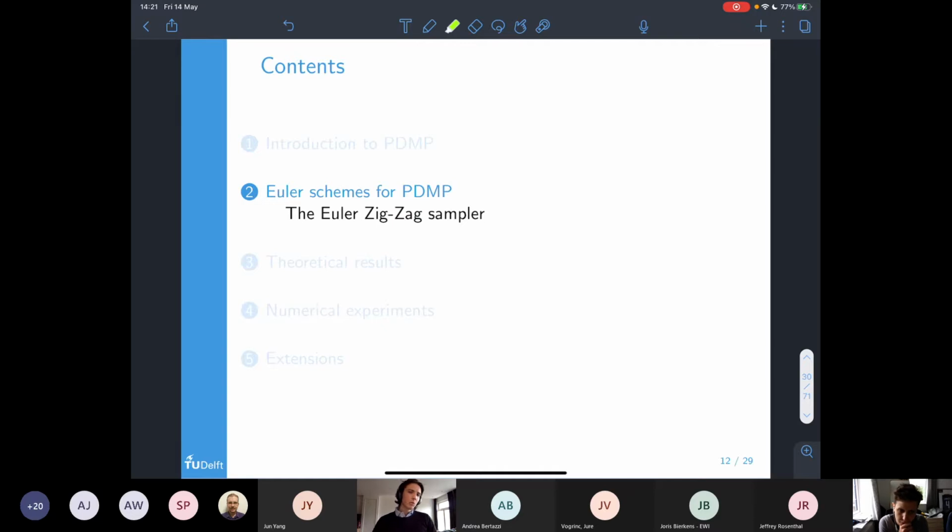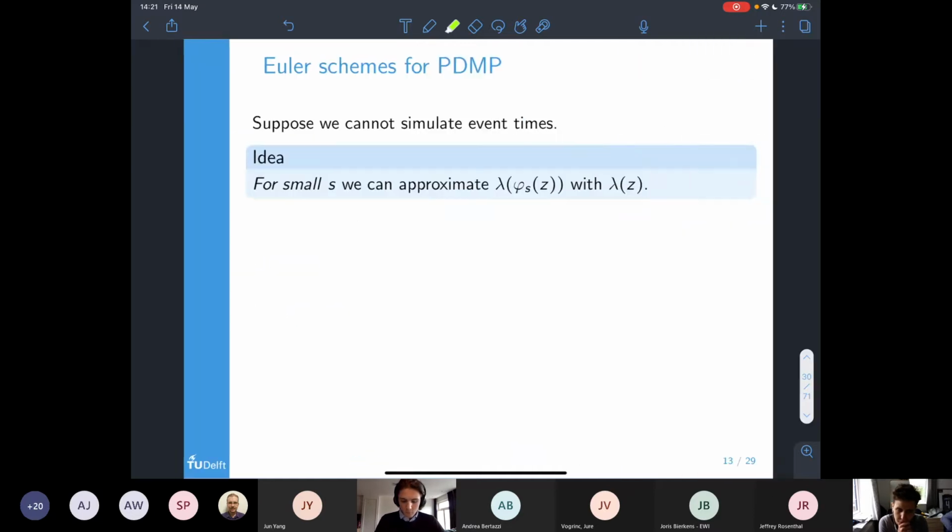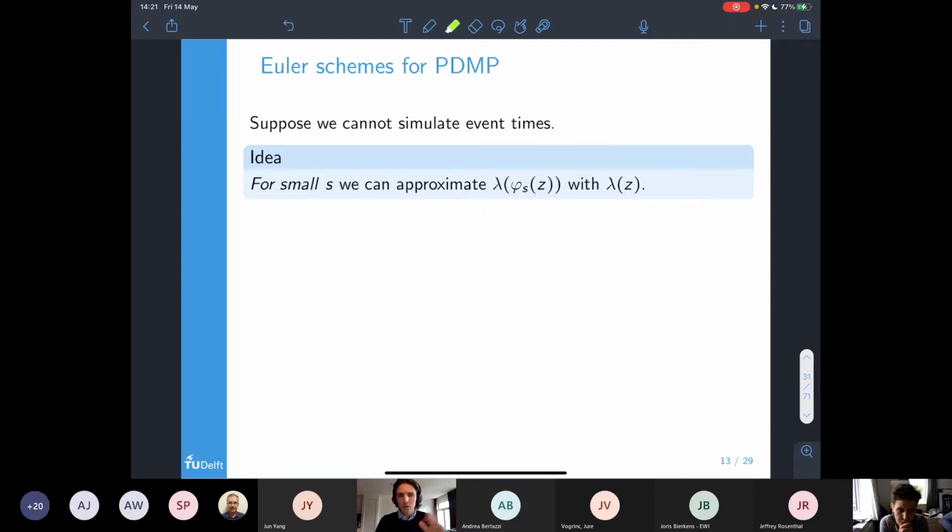Let's then see what we can do maybe to solve this issue. Again, just to stress, in this case, I'm assuming we can simulate the flow map and the Markov kernels, but not the switching times. And so we can maybe take advantage of this simple idea. For a small s, we can maybe approximate lambda along the flow with the value of lambda at the initial state.